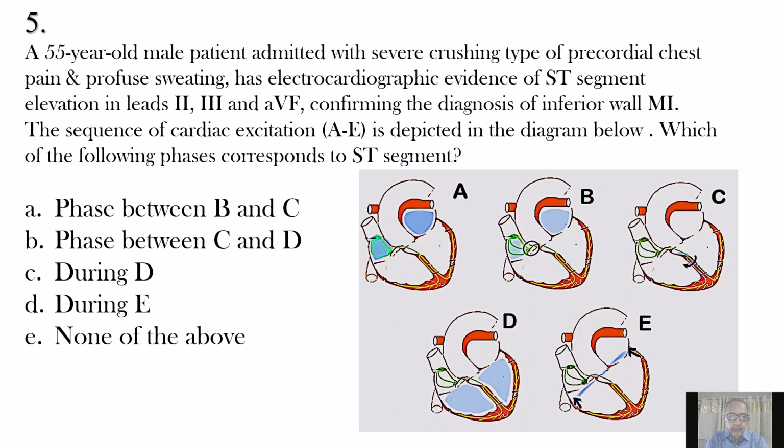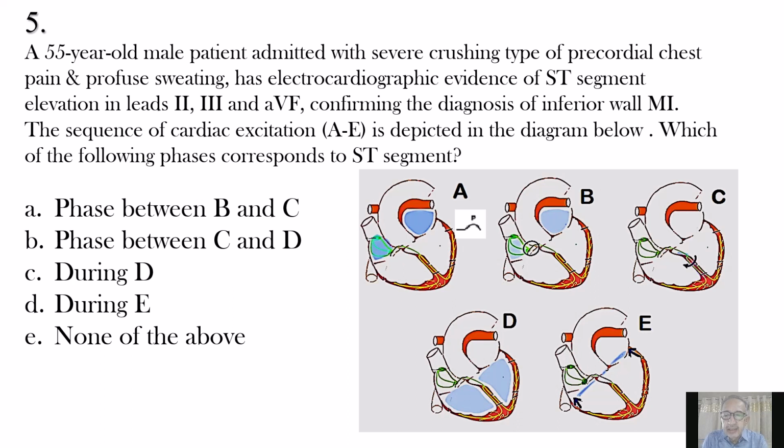Now, if you want to choose the correct answer, you have to look at the various phases. This is the sequence of excitation shown in the image, A, B, C, D in sequence. A is the atrial depolarization. As you see, in the shaded area both atria are completely depolarized. At A, there is the P wave. You can also see the conducting system.